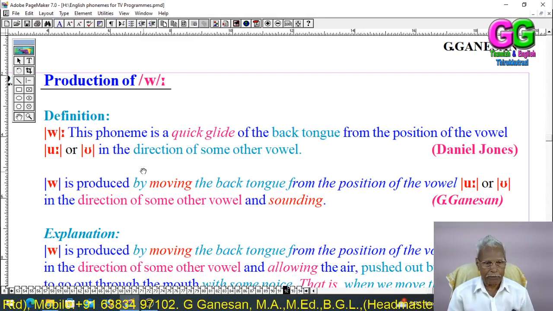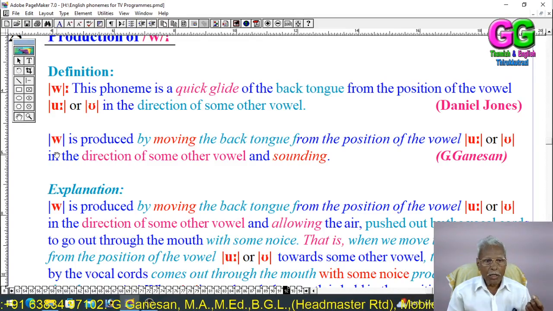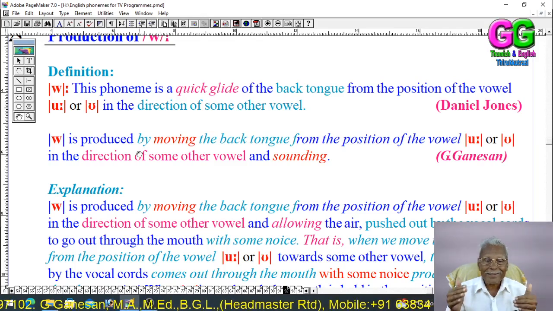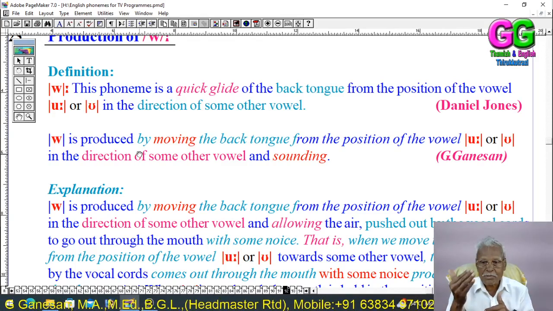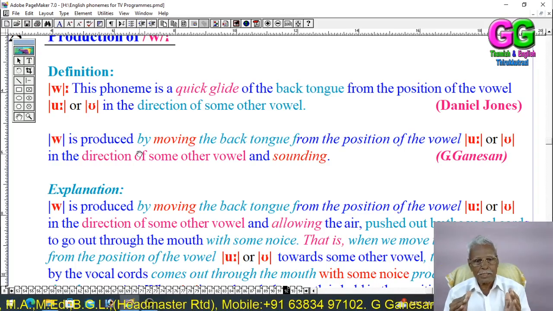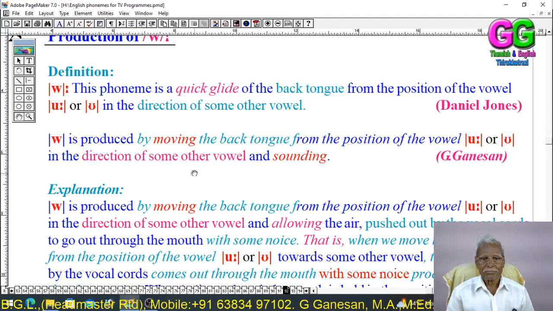Mine, let us see mine. O is produced by moving the back tongue from the position of the vowel O in the direction of some other vowel and sounding. This is mine.